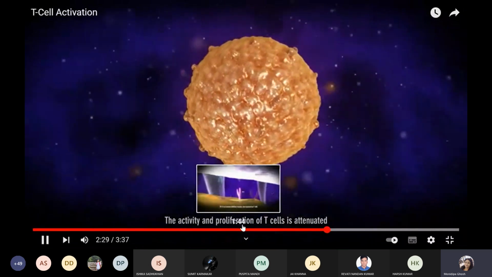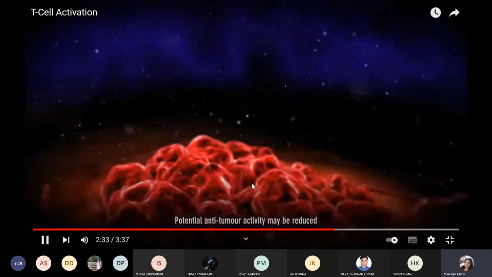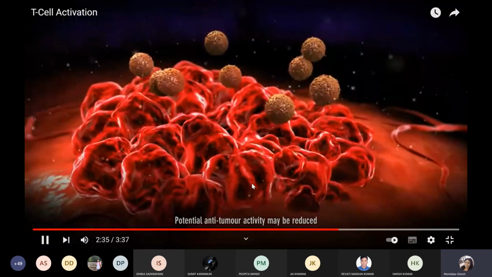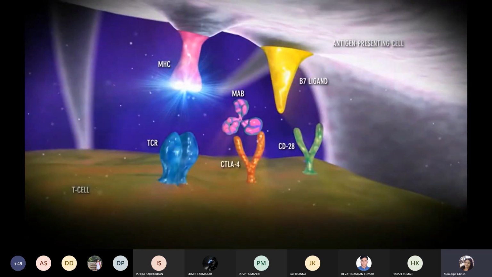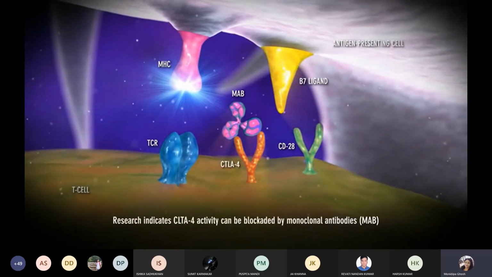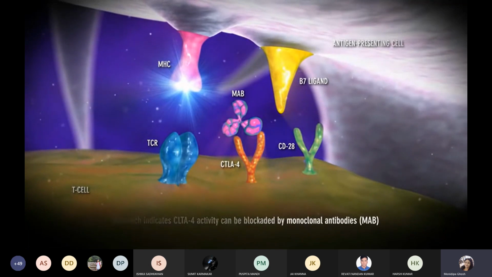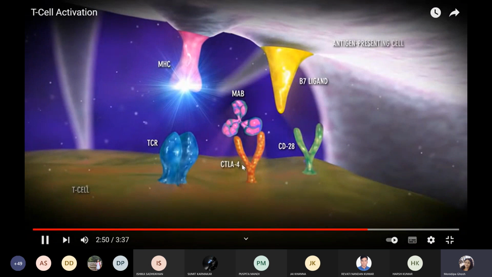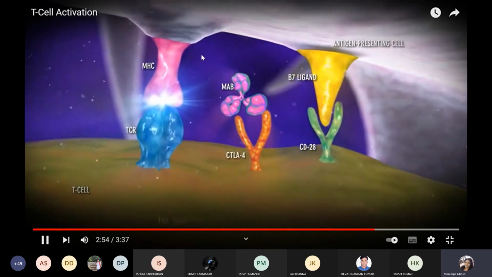The activity and proliferation of the T cell is attenuated if there is an inhibitory signal, and if the stimulatory signal happens, then the T cell proliferates. You can block the inhibitory signal also to get it charged.